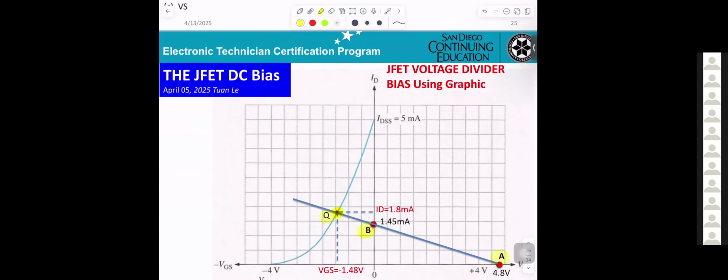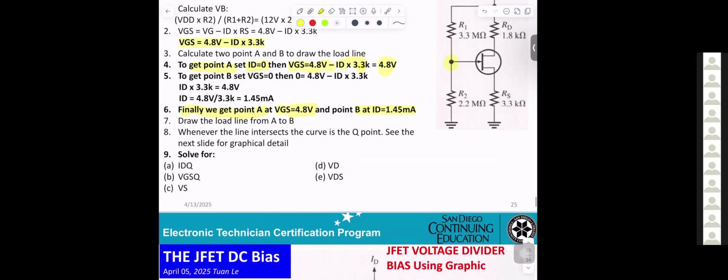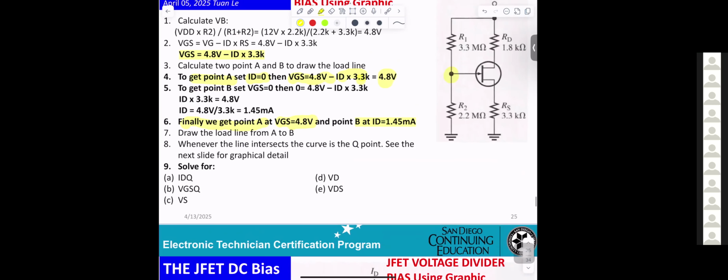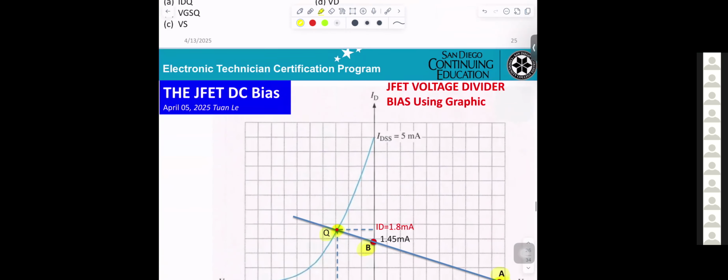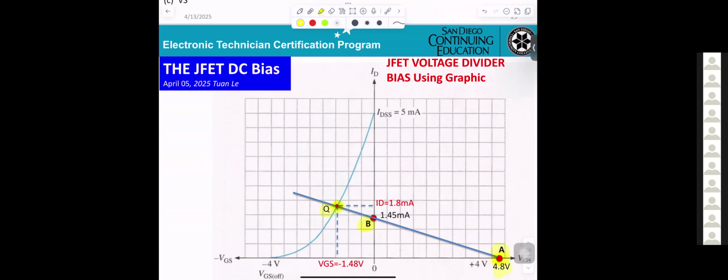So this is point A. At ID equal 0, that's why you can get VGS at point A, VGS equal 4.8 volt. So that's why 4.8 volt here.